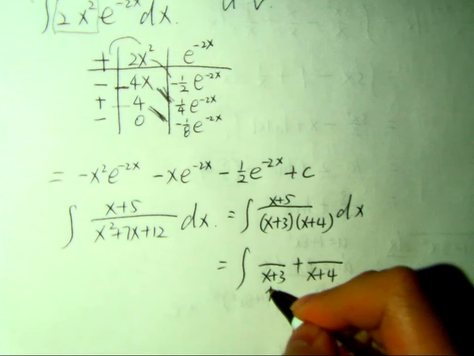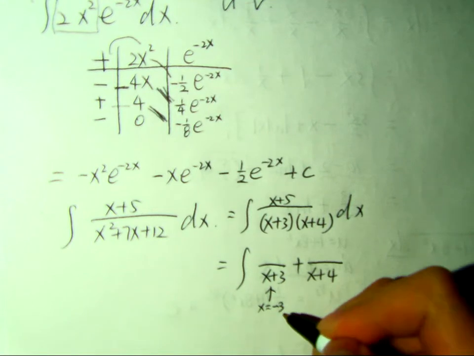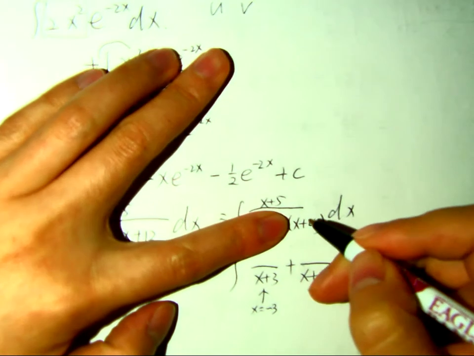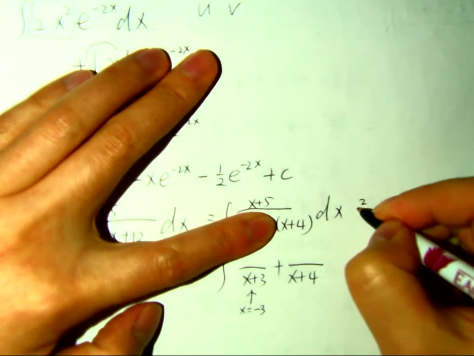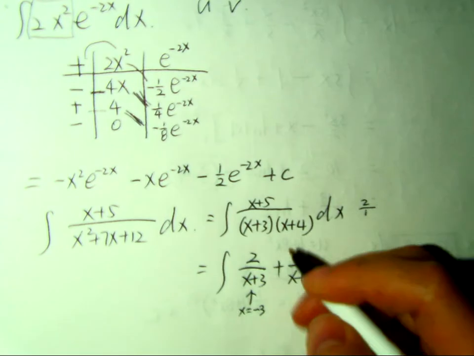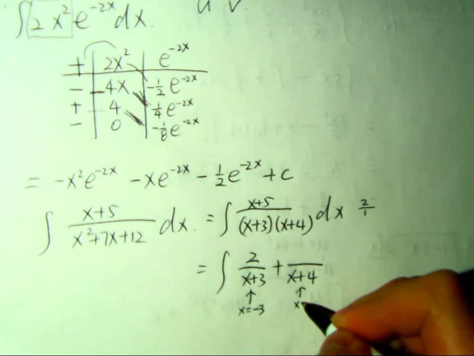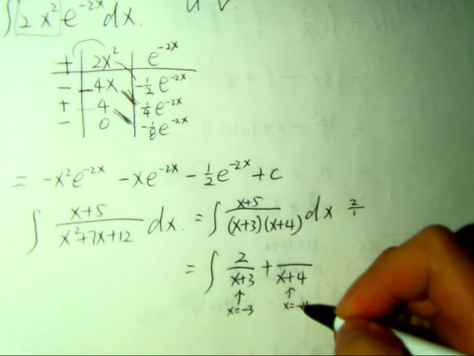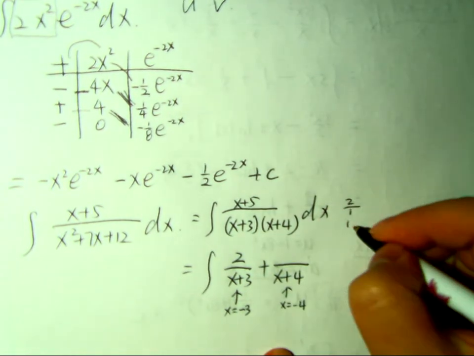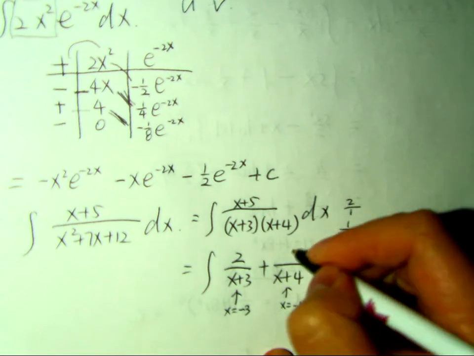When we're doing this, that means x equals negative 3. So plug in negative 3 back into the fraction by covering this factor. So it would be 2/1. That's how we get 2. Then by doing this, x equals negative 4. We plug in negative 4 back by covering this. So it would be 1/-1, which is negative 1.